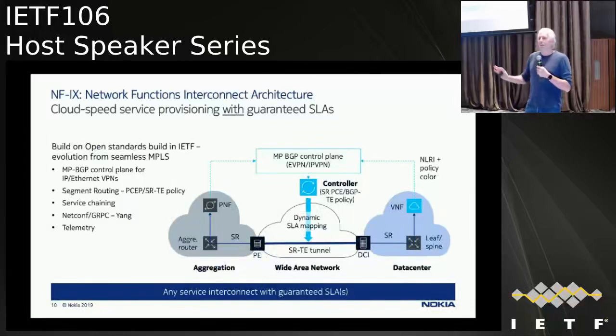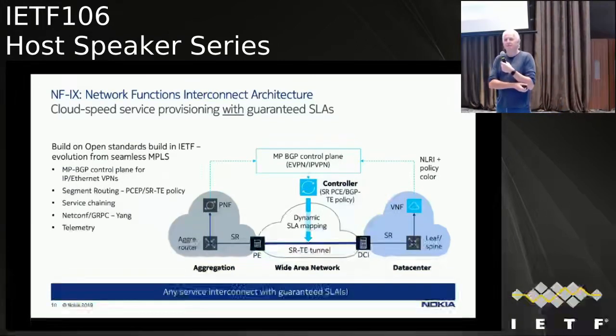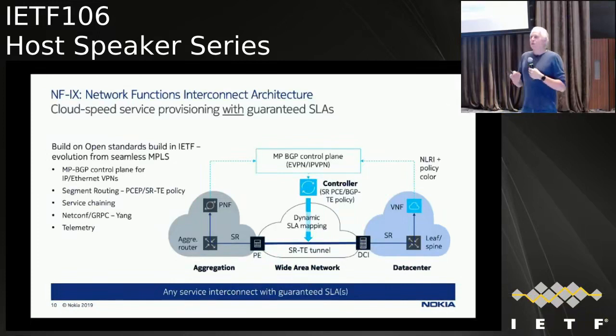And we are not going to go to a lot of detail given we only have 45 minutes, but this is built all around IETF-based definitions, which are actually here, right? So first of all, the way we look at this is we use multi-protocol BGP for a data plane. So we have either EVPN or IPVPN, so we can do both IP or layer 2 or layer 3 services.